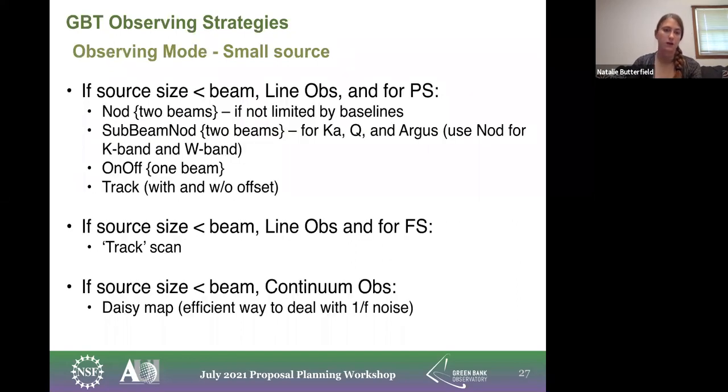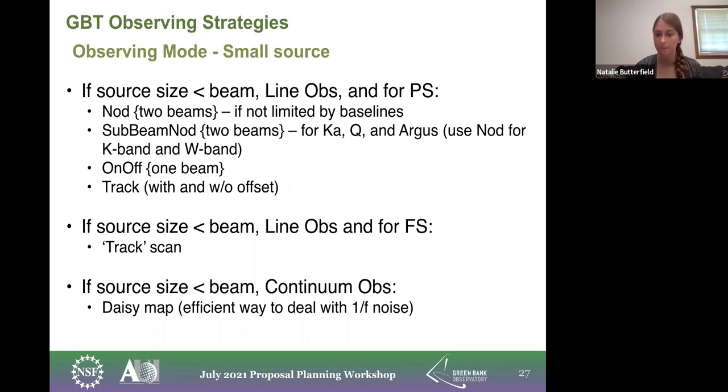All right, observing modes for different sources. First I'm going to cover small sources. In the next slide, I'll cover large sources. If you have a small source, so if your source is less than your beam size, and you're doing line observations and position switched observations, you can either nod between two beams if you're not limited by baselines between the different beams.